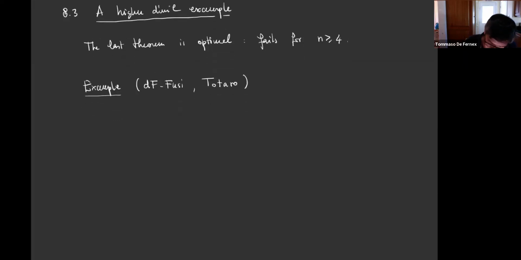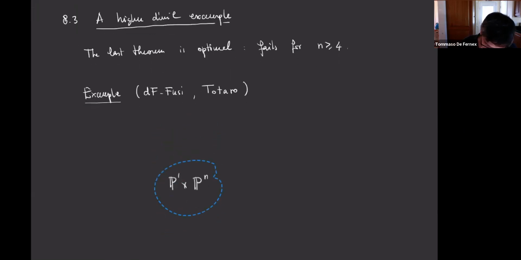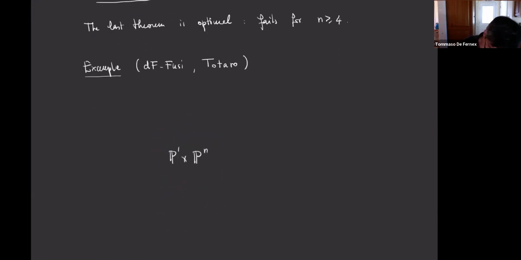So the example is very simple. So I'm gonna start backwards now. I'm gonna start with the projective space and I try to construct X. So you start with P1 cross Pn, which is a map down to P1, so T1 is P1 in this case.